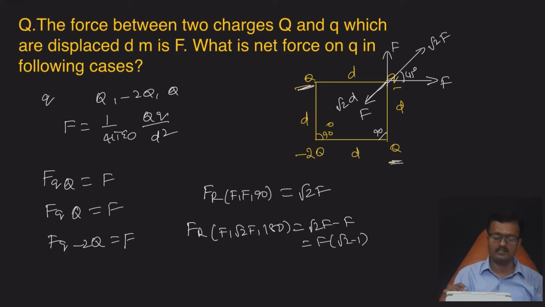See here, the larger force is towards this side. So the resultant is (root 2 minus 1) into F. This is the direction, and this is the magnitude.